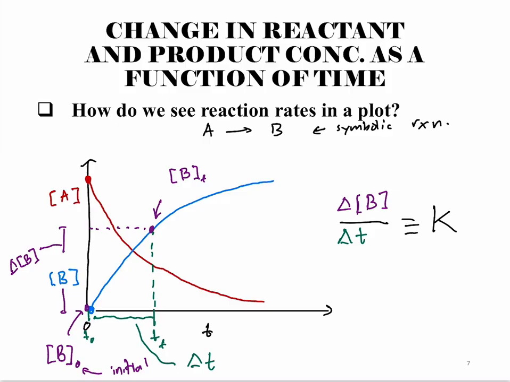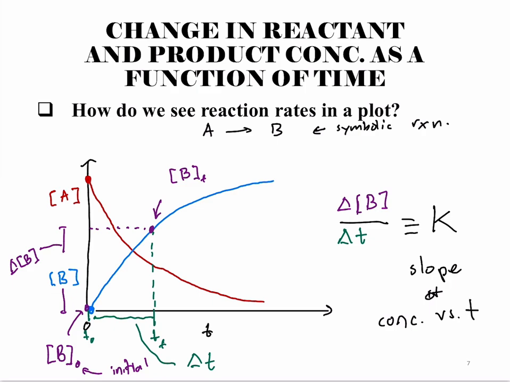Does this look familiar to anyone in any other context when we're graphing or plotting stuff? It looks like the slope, right? So this is also equal to the slope of the concentration versus time curve.